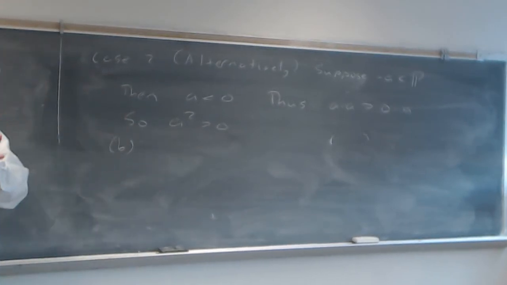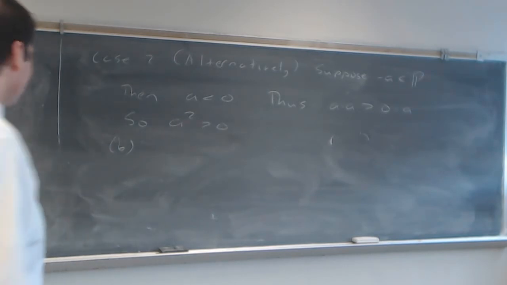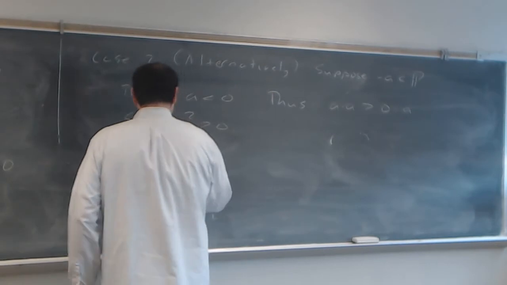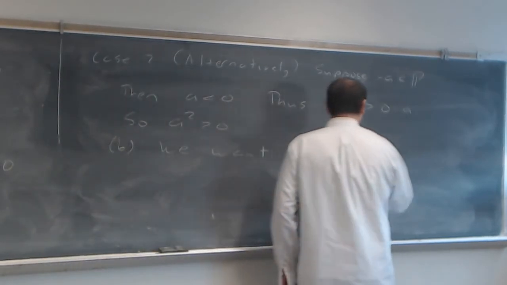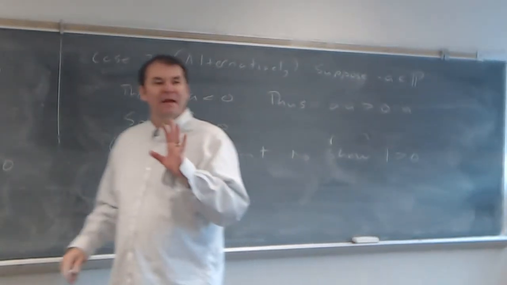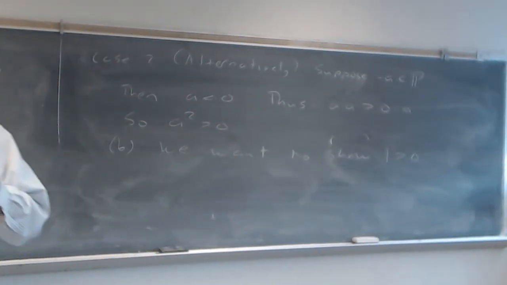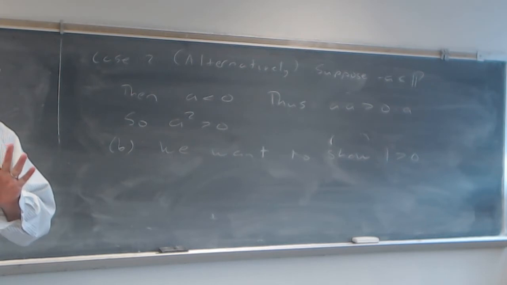Part B of the theorem. Okay. Part B of the theorem was the starling one. That's what we're going to show. We're going to show 1 is bigger than 0. Okay, well, first of all, what is 1? Melissa, listen to my question. What is 1? I mean, we had it defined.